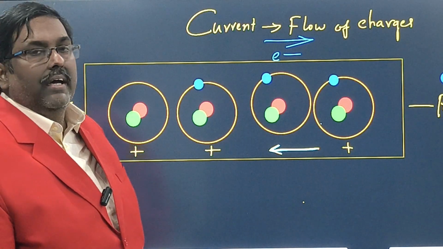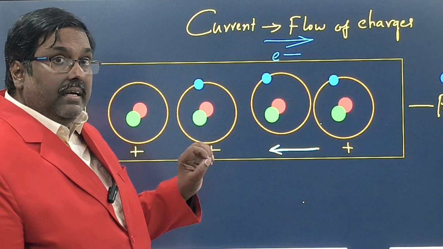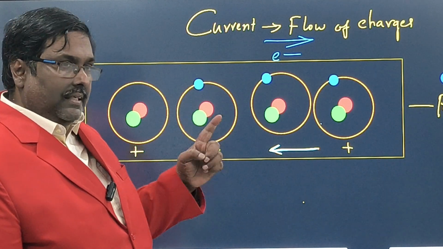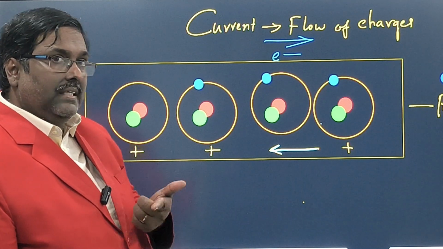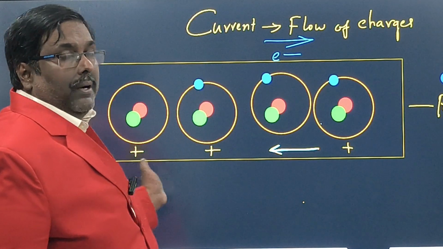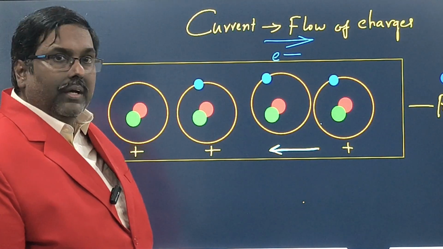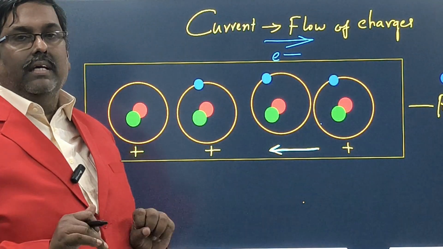So wherever we study, the supply current comes out from the positive and goes into the negative. But actually the electron comes out from the negative and goes to the positive. So now we forget about the direction of the electron.